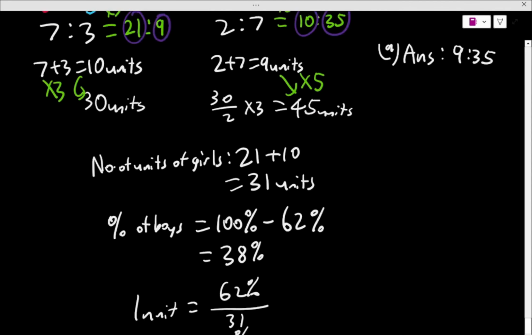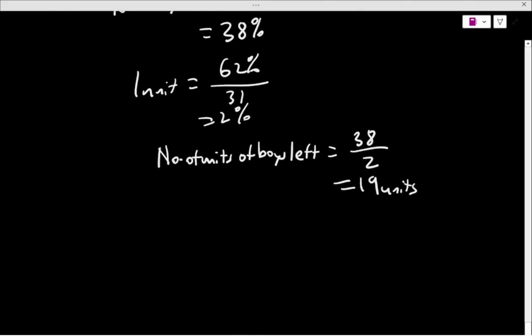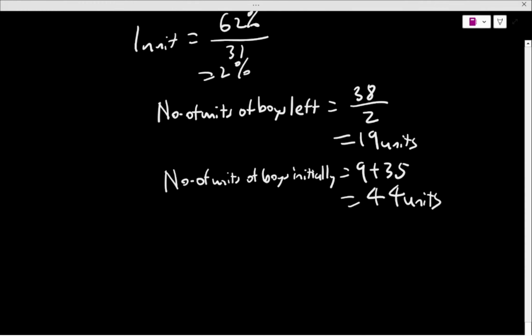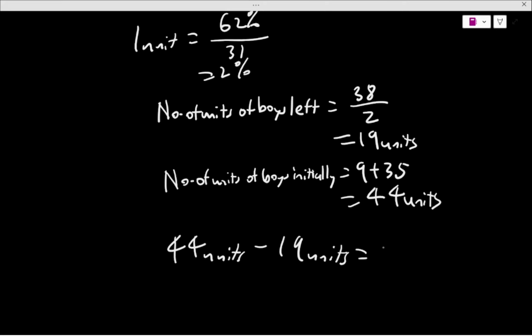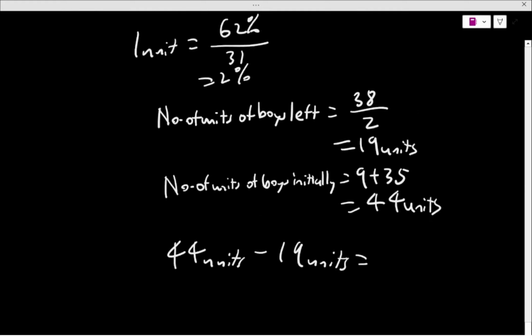Initially, how many units were there? Well, that's going to be 9 plus 35, which is going to be 44. Which means that 44 units minus 19 units is going to be equal to the number of boys that left, which is 375.